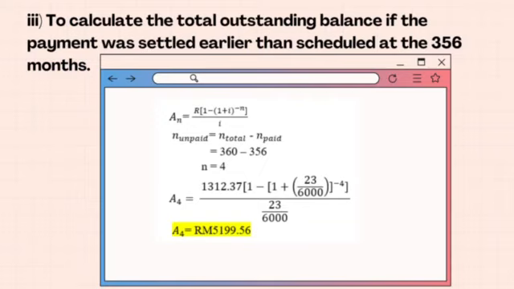Using the formula A equals R open bracket 1 minus open bracket 1 plus i close bracket to the power of negative N close bracket divided by i, we put all of the info in the formula and we get A is equal to RM5,199.56.